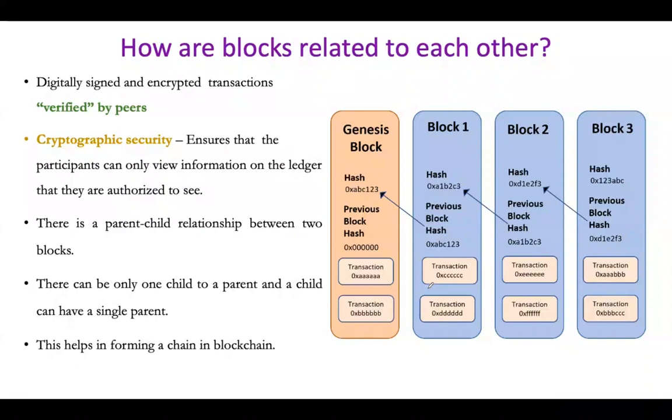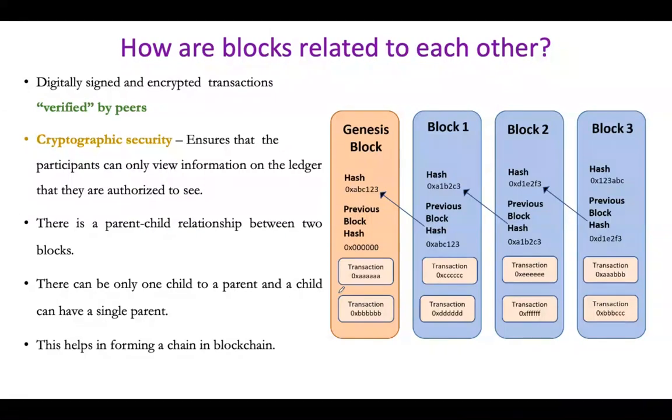in the blockchain, every block is related to another block. There is a parent-child relationship between two blocks. If you take any two blocks, there is a parent-child relationship. There can be only one child to a parent, and a child can have a single parent.